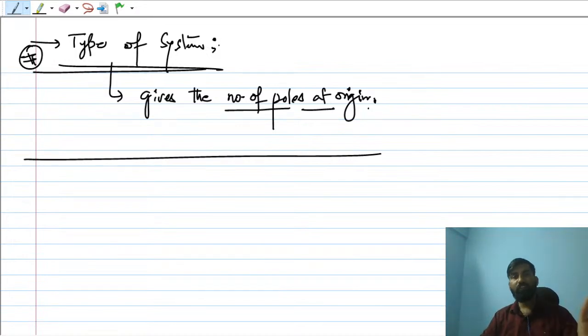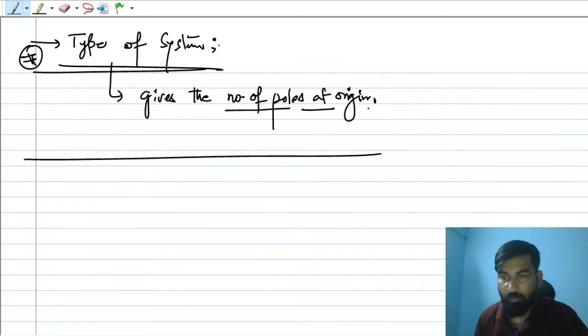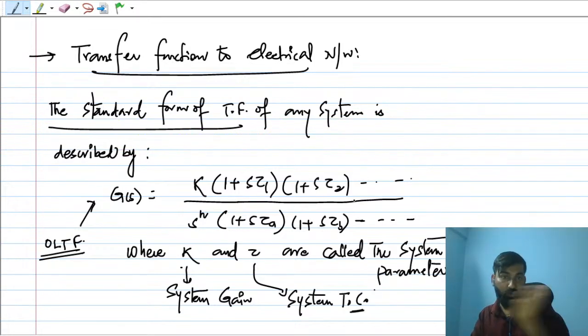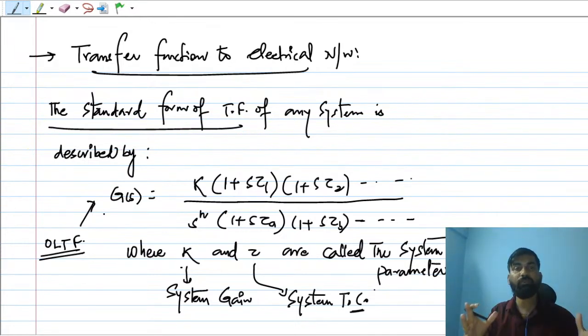If you have any doubt, you can always let me know in the chat box as well. What I have discussed till now is the transfer function, the electrical network, and the standard form of the transfer function, that is K times (s tau 1 plus 1). If you equate the numerator to 0, G(s) will become 0.